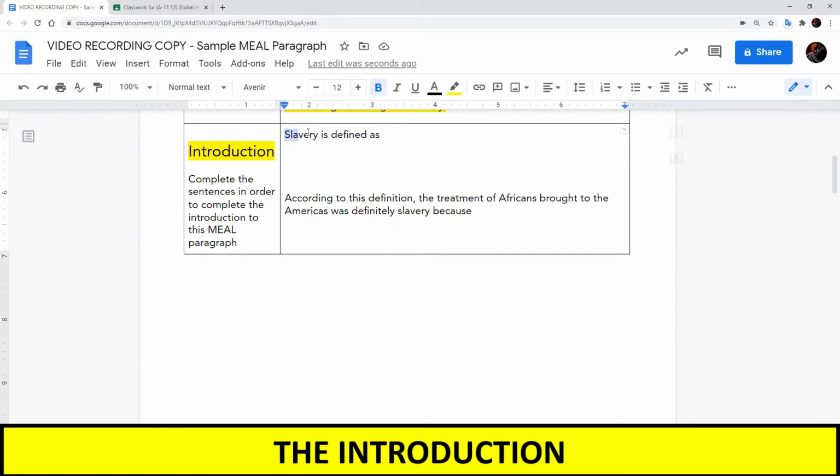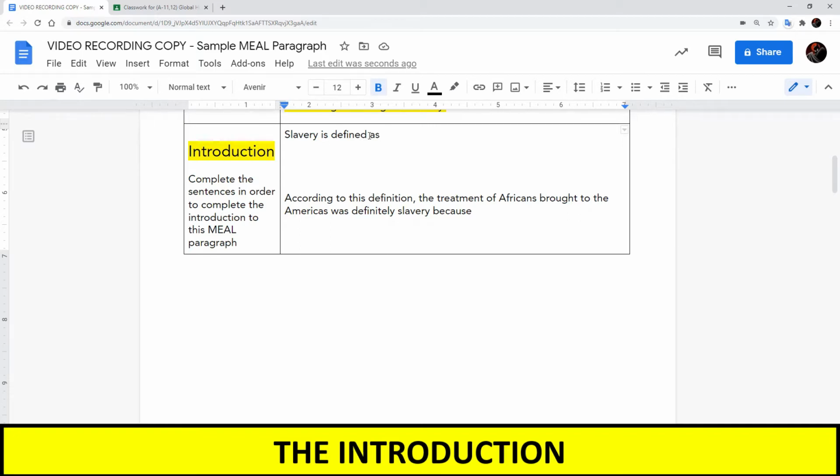The first part is saying "slavery is defined as," and then you are giving a definition for slavery. There are different ways you can do this. You could use some of the items that I've already shared with you that give a definition of slavery.